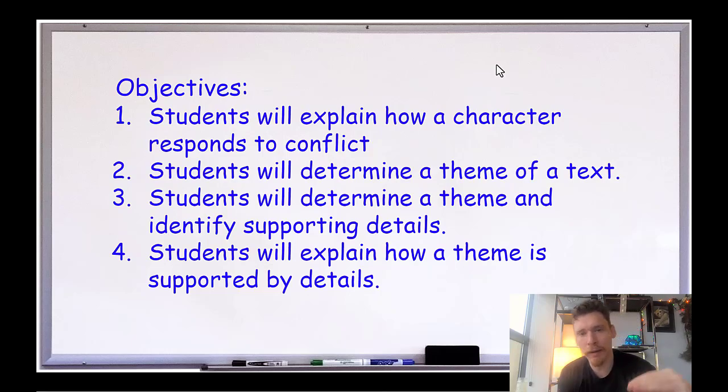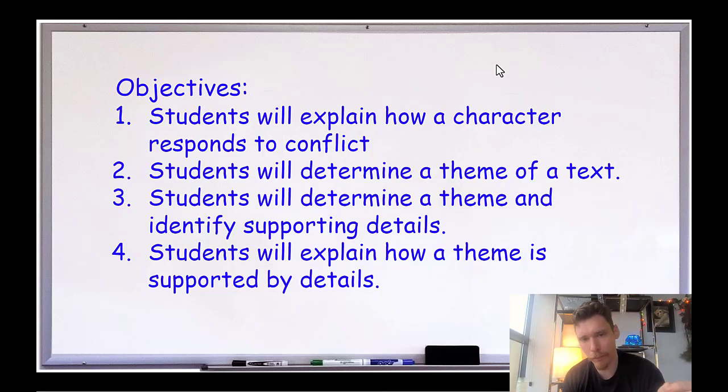So you might notice that the objectives kind of escalate in terms of rigor. So determining the theme of a text is lower level than explaining how details support a theme. Because not only are you going to have to say what the theme is, you're going to say, well, here's the theme and here's how this part of the novel shows the theme.